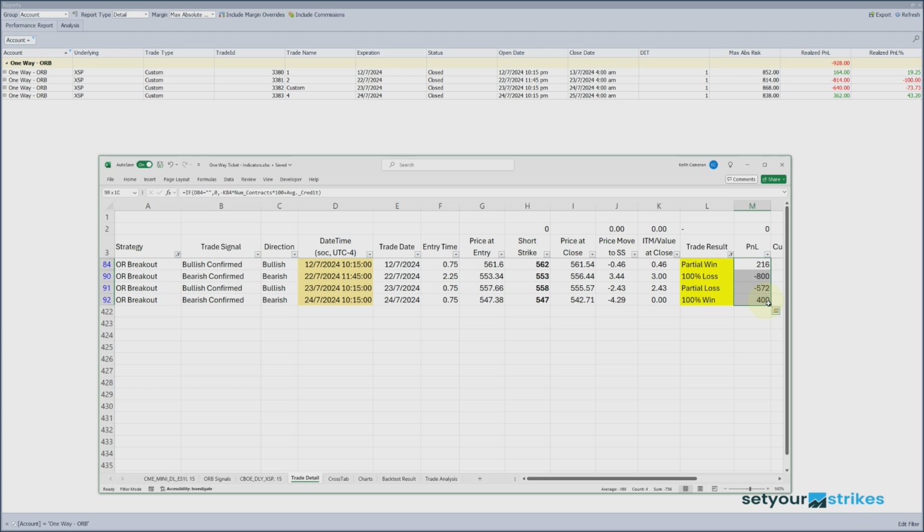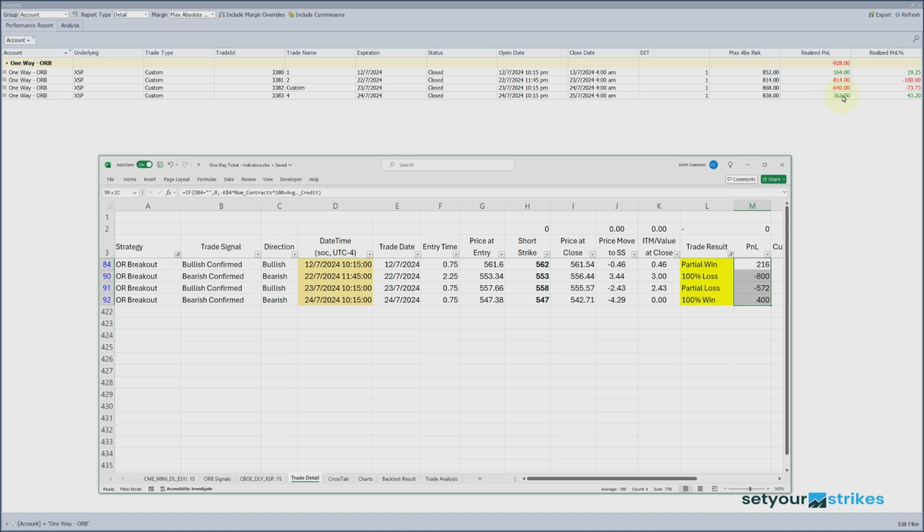Perhaps if we pick the right average. What is our average P&L, or sorry, average credit received? We don't really have it on this sheet. So the partial win was 164, not 216. The 100% loss was 814, not 800. The partial loss was 640, not 572.